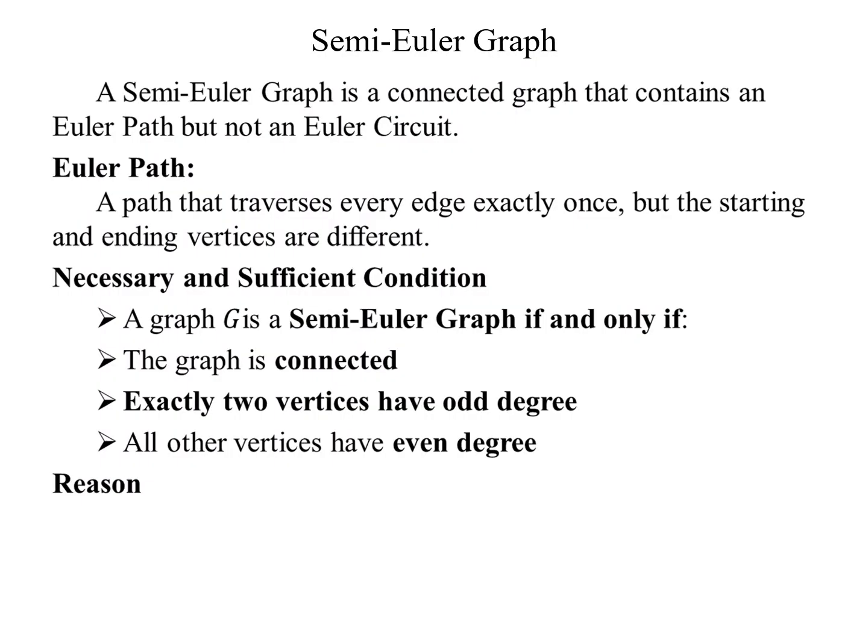In this graph, two vertices have odd degree, and the other vertices have even degree. Because of this, the graph has an Euler path but not an Euler circuit. So we can start at one odd vertex and finish at another odd vertex.